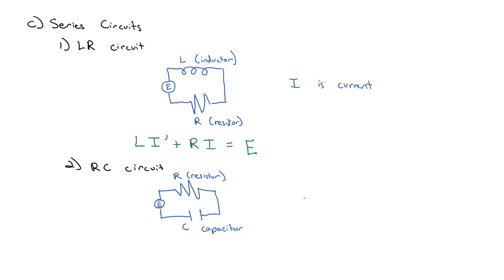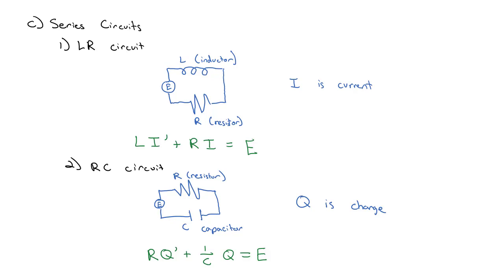And then we can describe with a differential equation Q, which is the charge in this system. It turns out we get the differential equation, the resistor times Q prime, plus 1 over the capacitor times Q is equal to the energy in the battery, or whatever we're using to get energy out of, where Q is the charge that's coming out of this circuit.